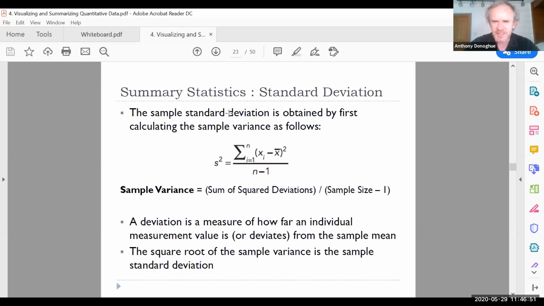A deviation is just the distance between a value and the mean. We want a measure of the average deviation of values around the mean. And so what you're seeing here is we're summing up the squared deviations and dividing by the sample size minus 1. Let's not worry about the minus 1 right now. That's a mathematical correction. But we're summing up the squared deviations instead of just summing up the deviations and dividing by the sample size minus 1.